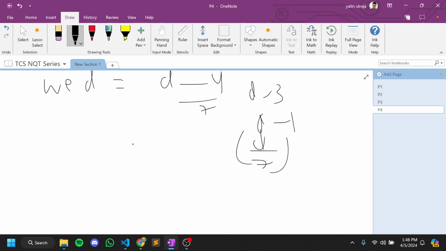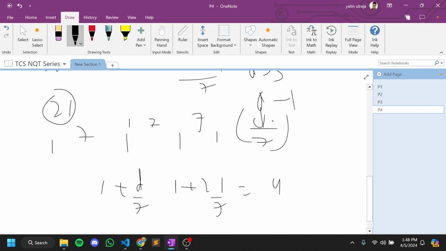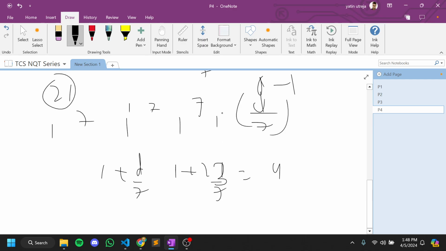Because for Sunday we know that if you have 21 days after Sunday, including this Sunday, the next Sunday will come after 7 days, and the next Sunday will come after again 7 and again 7, so you'll be getting overall 4. So your answer will be 1 plus d over 7. That's 1 plus 21 over 7. That's 4 only.